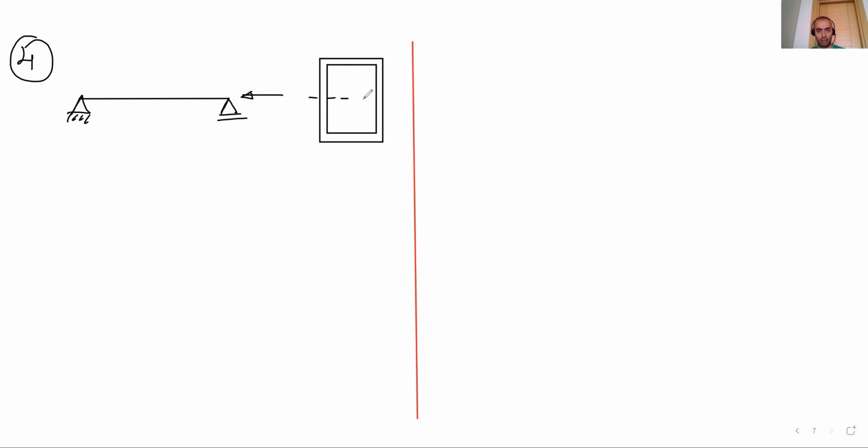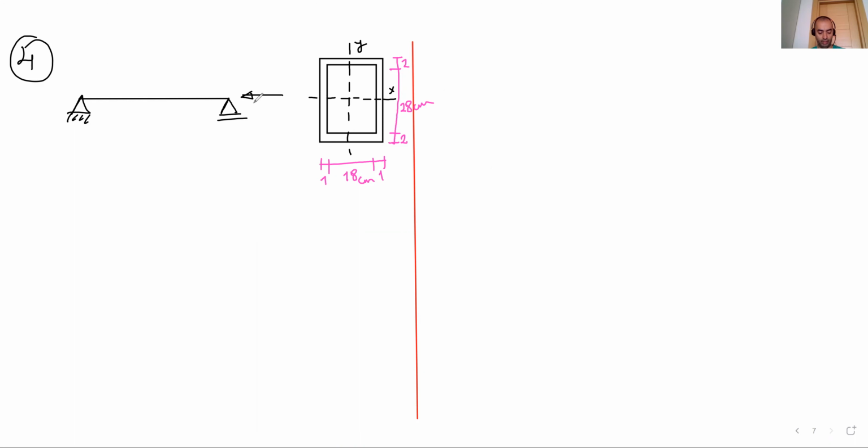Here is the x, here is the y, all dimensions here. 18 centimeter, 1 centimeter in the vertical direction. Here, 2, 28 centimeter. Okay, 28 centimeter. This is the section of the beam given here.